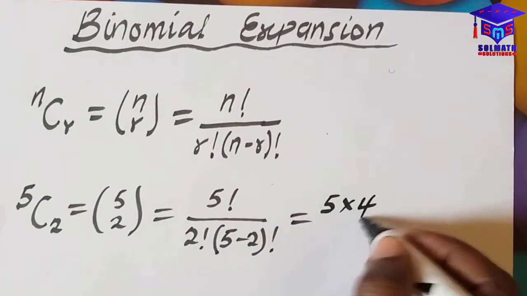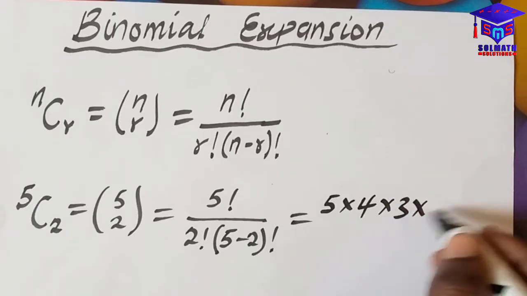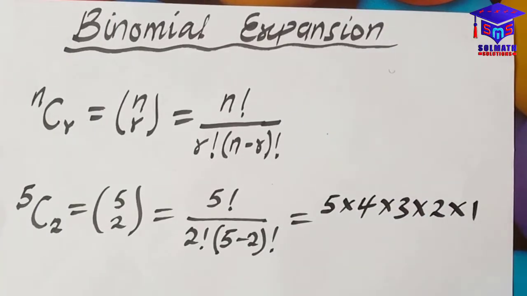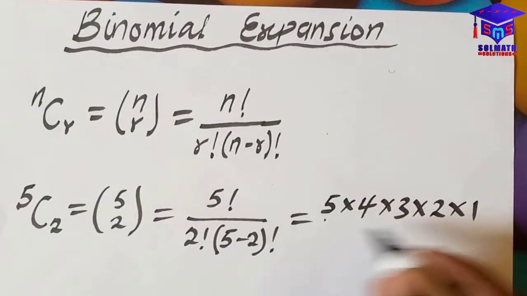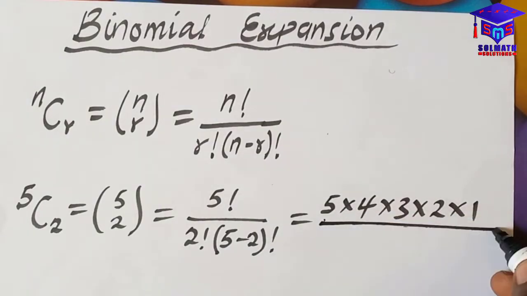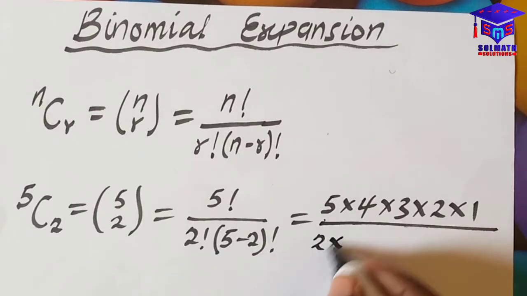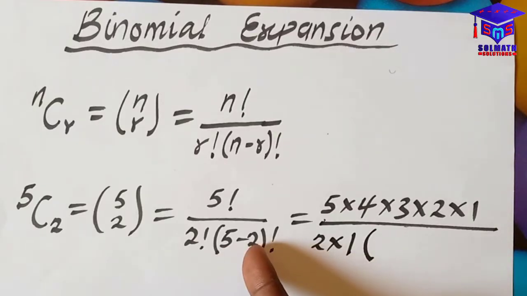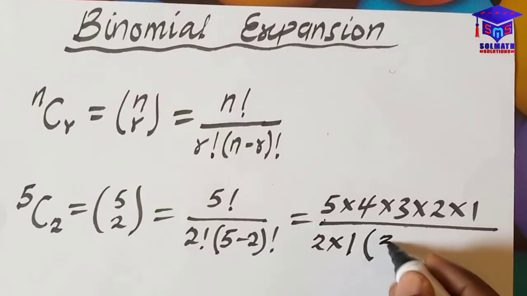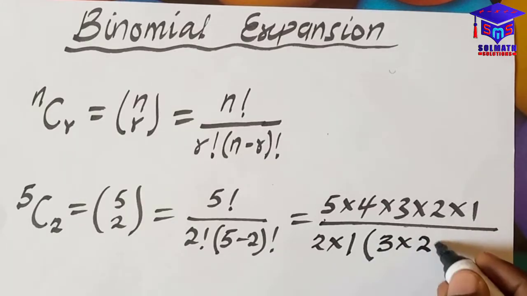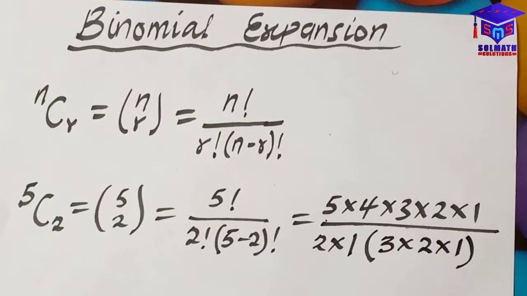And 5 factorial is 5 times 4 times 3 times 2 times 1. Okay, 5 multiplies the integers in reducing order to 1, over 2 factorial, which is 2 times 1, times 5 minus 2, which is 3. So you have 3 factorial, and 3 factorial is 3 times 2 times 1. Then you simplify this.